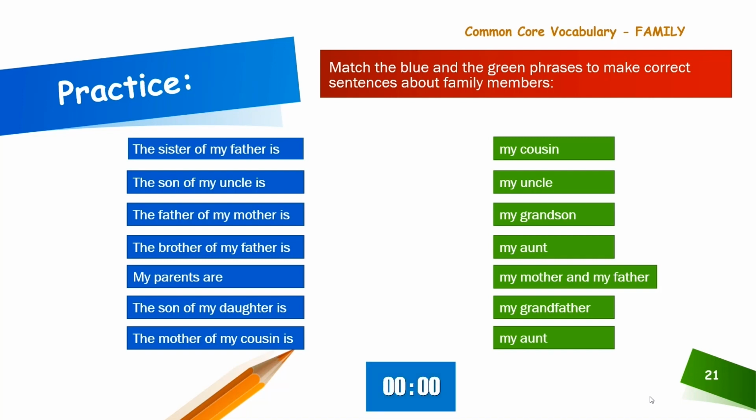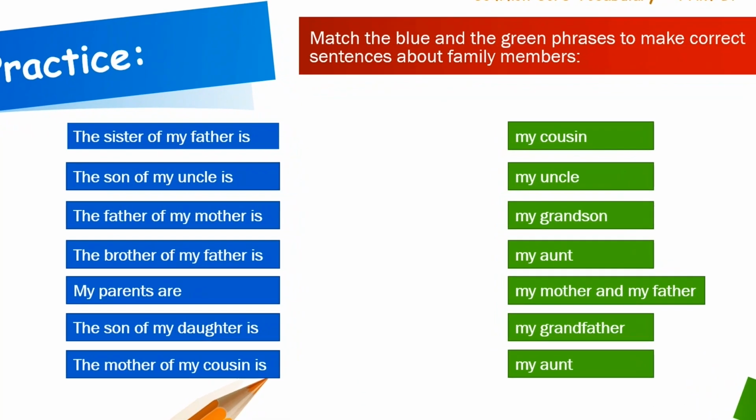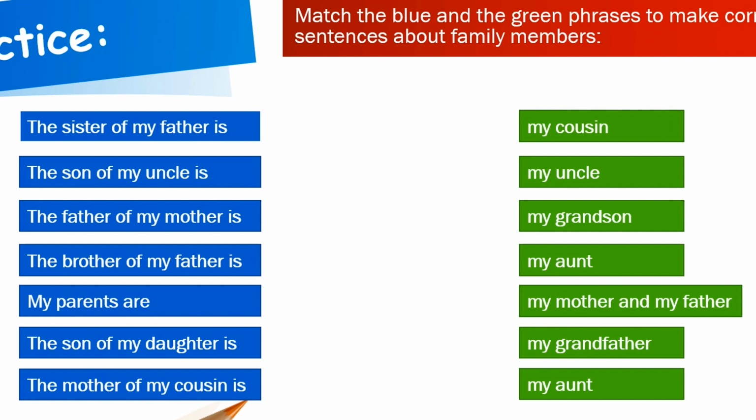The time is up, and we should take a look at the correction of this exercise. So, the sister of my father is, yes, my aunt. The son of my uncle is my cousin. The father of my mother is my grandfather.